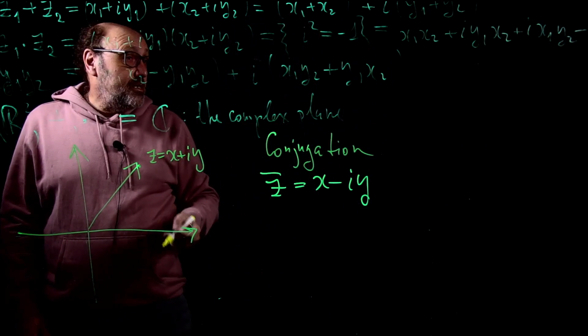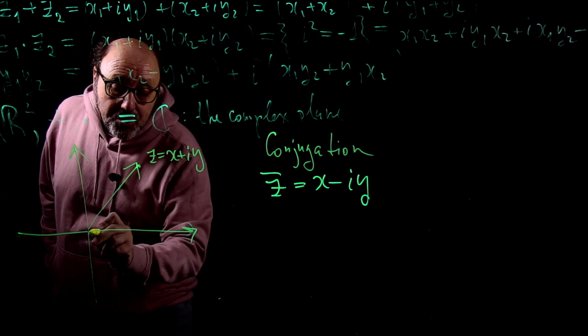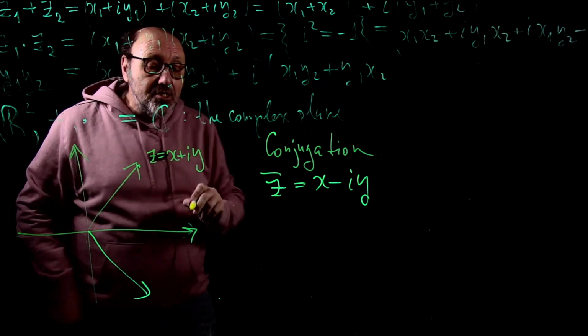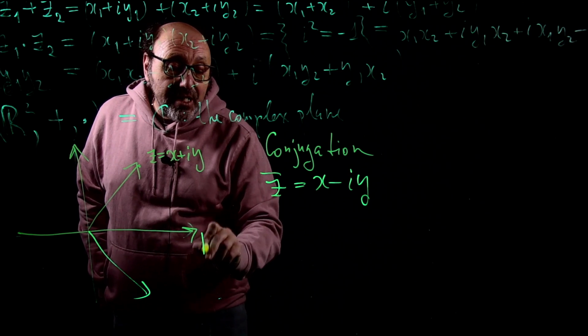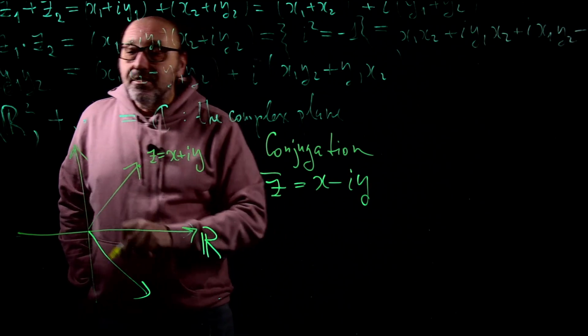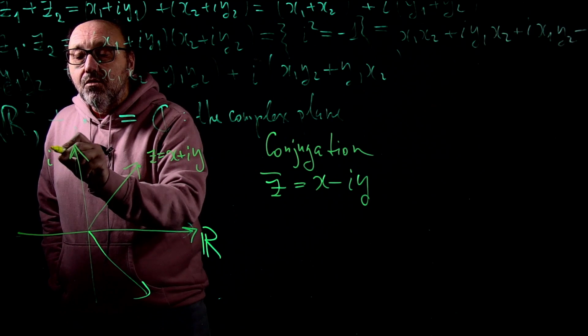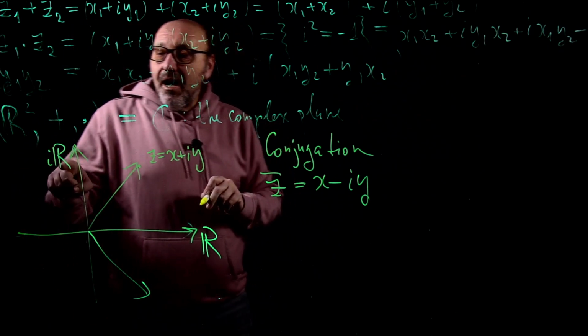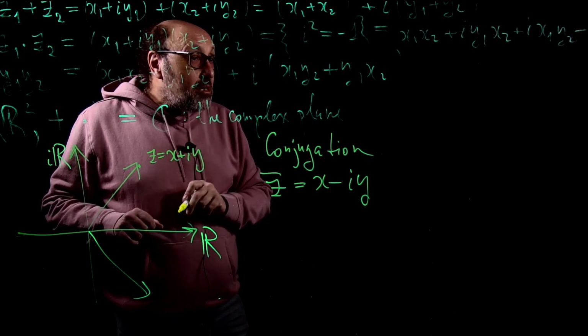So geometrically, this is a vector which is symmetric with the vector z with respect to the axis x. By the way, this axis is called the real axis, and this axis is called the imaginary axis, and it is denoted by I times r.